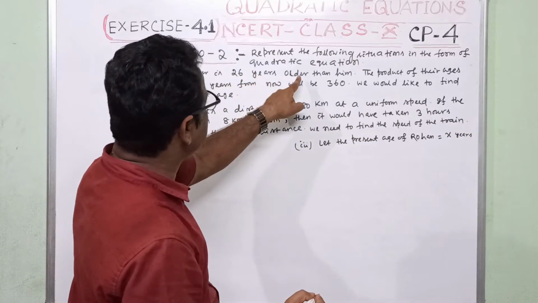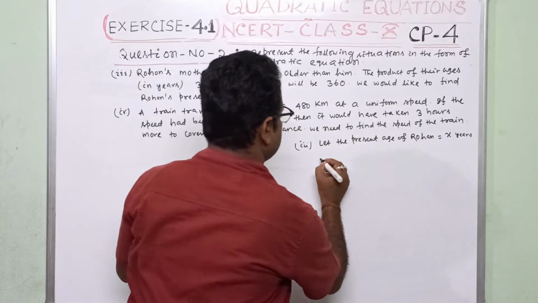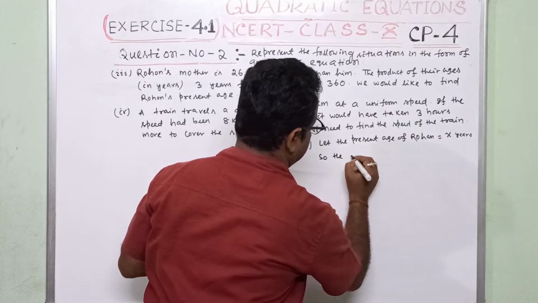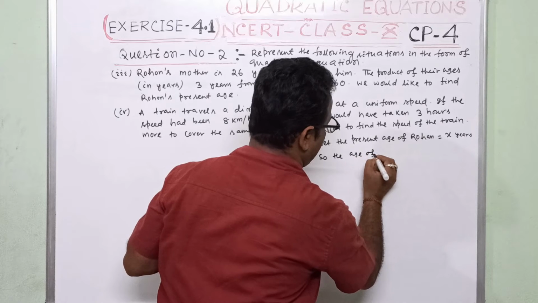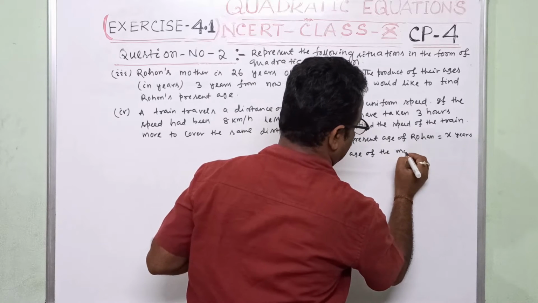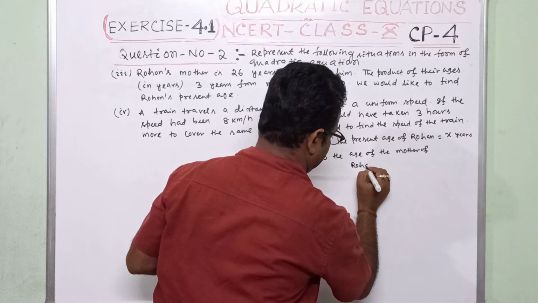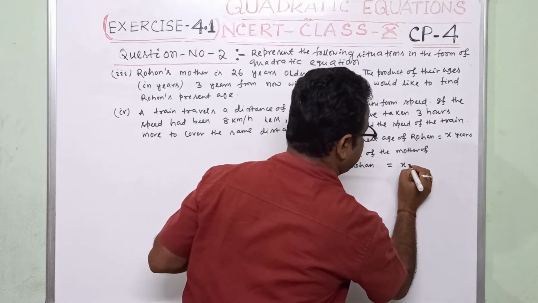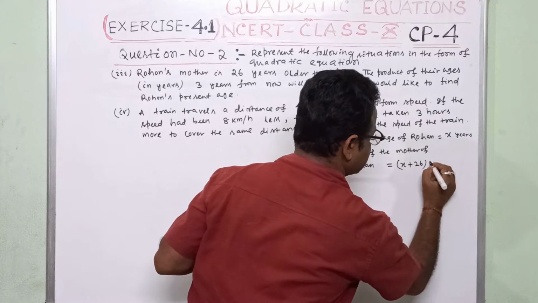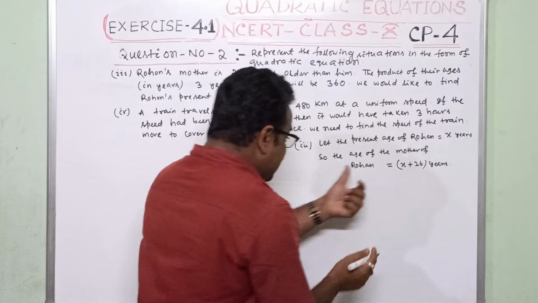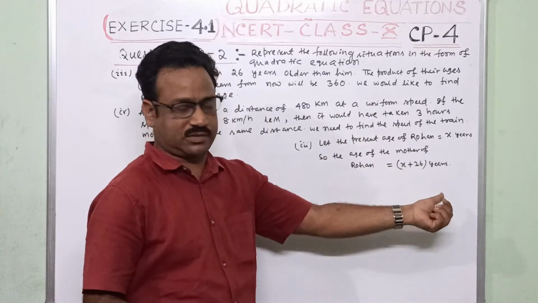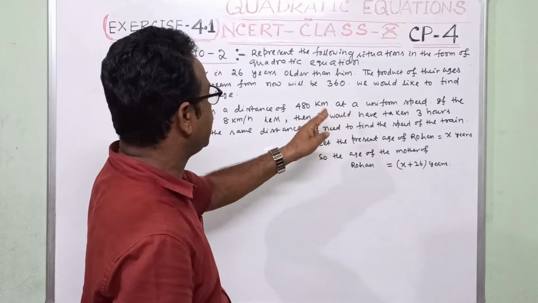Mother is 26 years older than him, so the age of the mother of Rohan is equal to x plus 26 years, as mother is 26 years older. Now come to the next part.